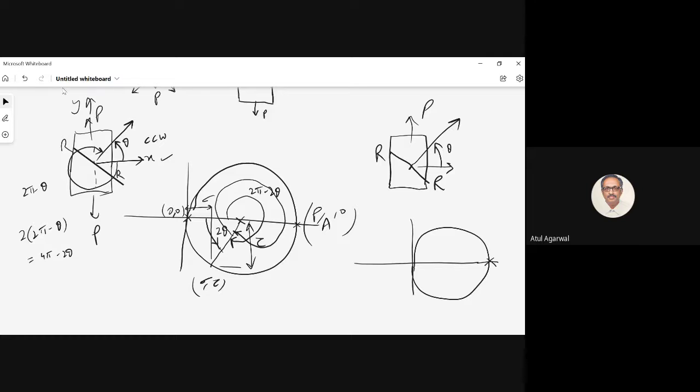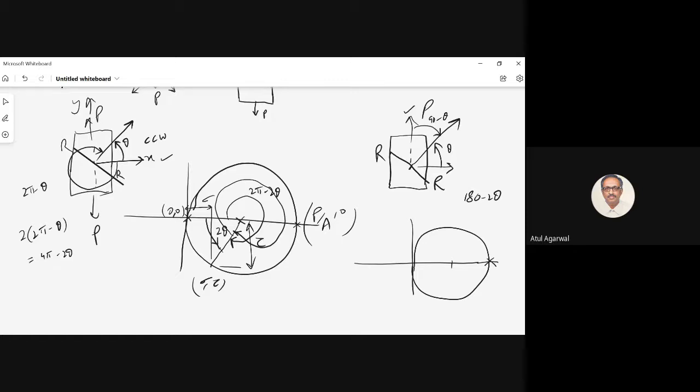So I am here, and I have to turn to reach this. This was my normal vector. Now my normal vector is turning clockwise. How much is it turning clockwise? Pi by 2 minus theta. Very good. So I am here. I have to turn double the angle clockwise. So I have to turn 180 minus 2 theta.